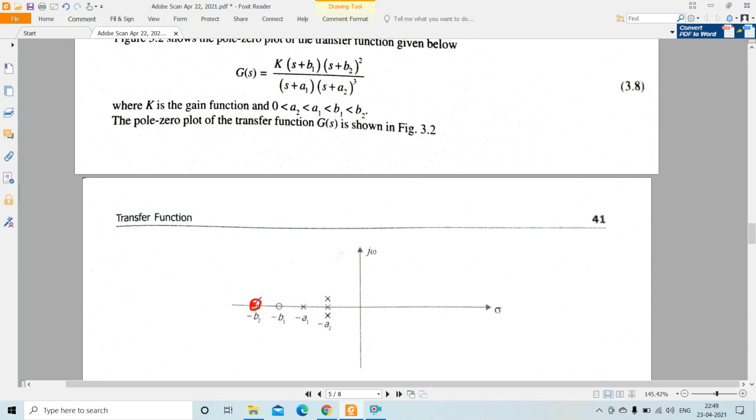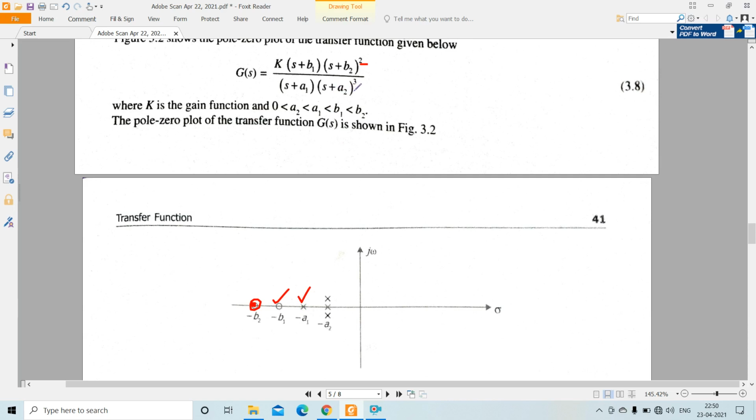This represents multiple zeros, because b2 is squared, meaning there are two zeros at the minus b2 point, so this is a multiple zero. Then b1 is less than b2, so minus b1 is put here, and this is represented by a simple zero. Similarly, a1 is a simple pole, so minus a1 is here and it is represented by a cross symbol.